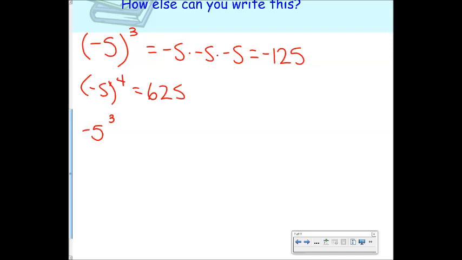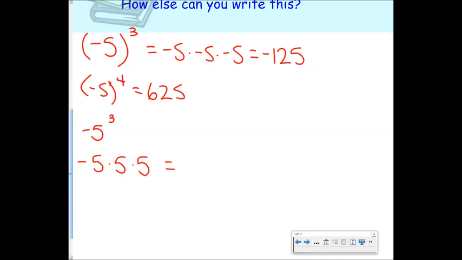Well, what do parentheses do? In math, what do parentheses do? They tell you what to do first. Good. And they keep things together. So in this case, what's actually being multiplied 3 times? All of this or just the 5? Just the 5. So the negative is not repeated. The only thing that's repeated is the 5.